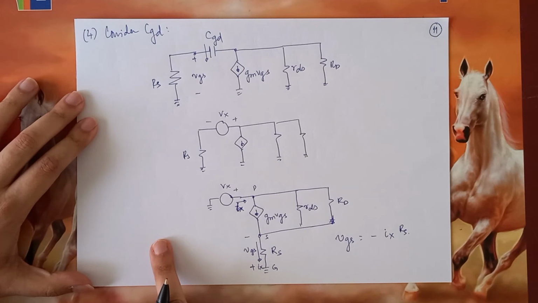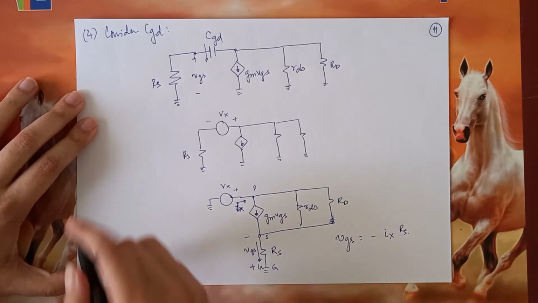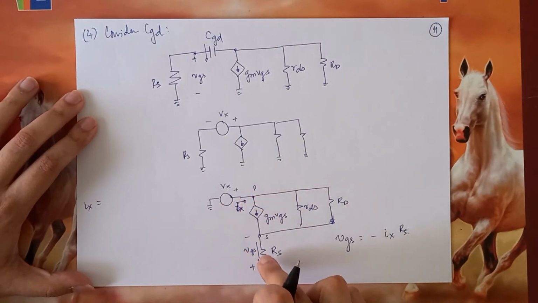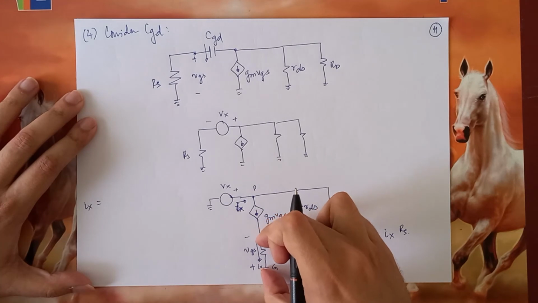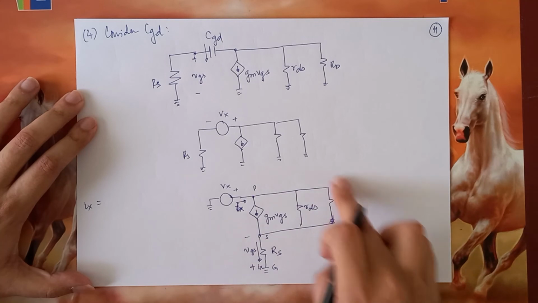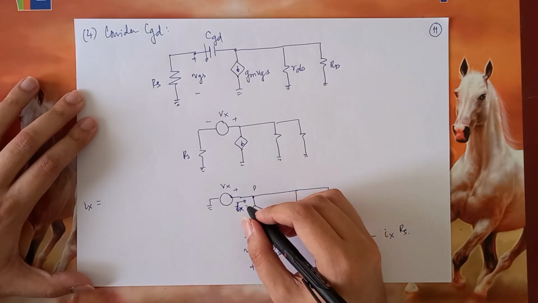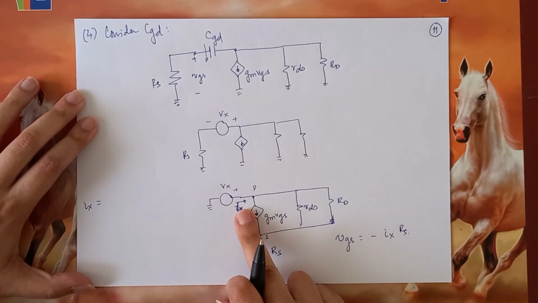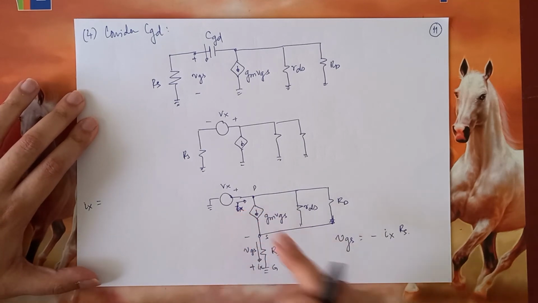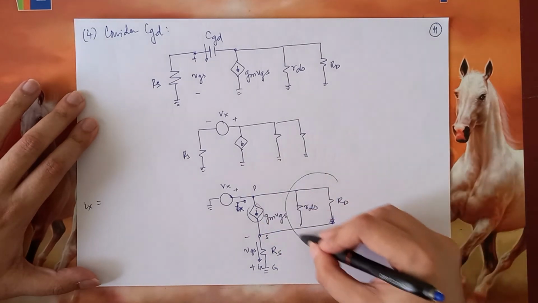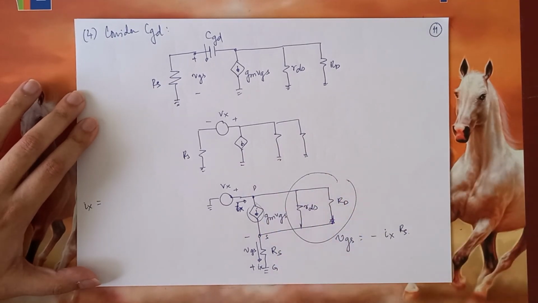How? We can say that Ix is essentially Vx minus this voltage divided by the resistance over here. So if you apply Kirchhoff's law, the KCL, what you will get is essentially this Ix, part of it is gmVGS and the part of it is going over here in these two.